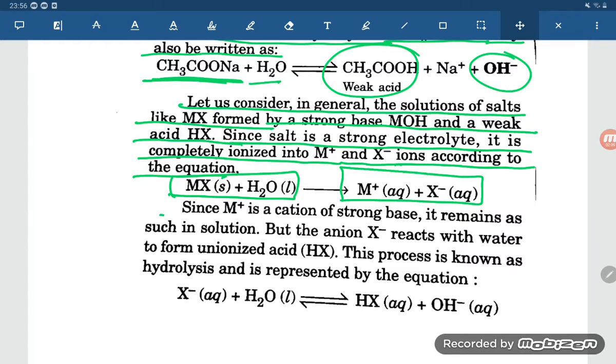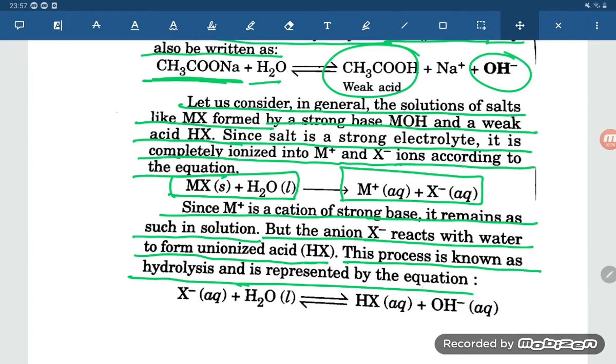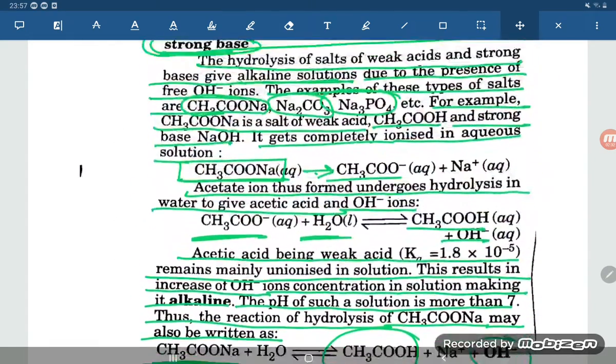Since M+ is a cation of a strong base, it remains as such in solution, but the anion X- reacts with water to form the unionized acid HX. This process is known as hydrolysis and is represented by the equation X- + H2O gives HX + OH- ion.